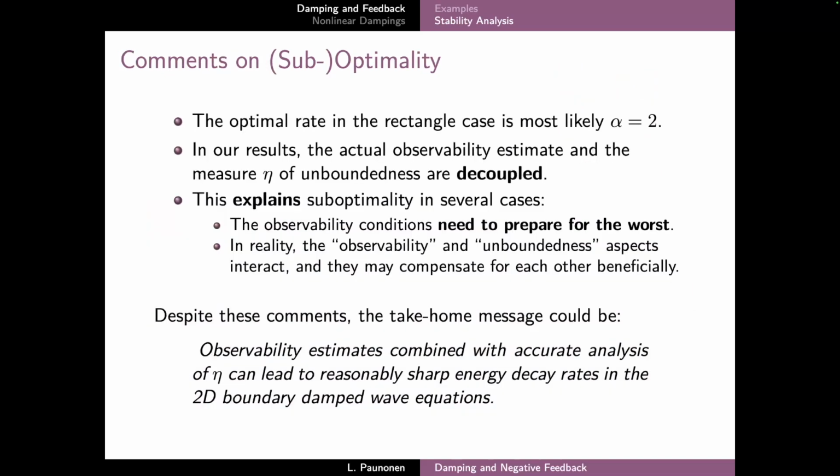I conjecture that the optimal decay rate in this case is most likely equal to 2, so our decay rate is probably not optimal. This comes down to a relatively fundamental limitation in the kinds of results that we present.